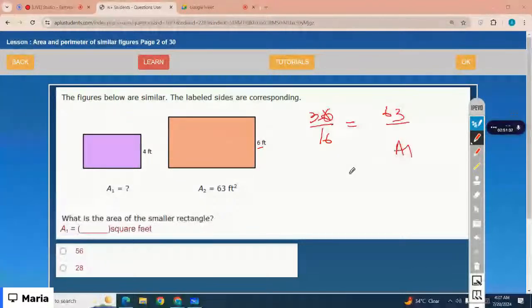So then A1 is 63 times 16 over 36. 28, the correct option is 28.